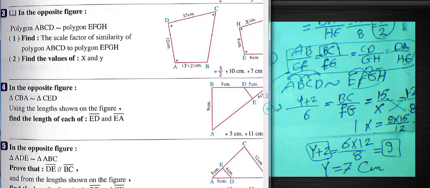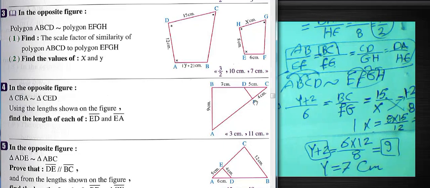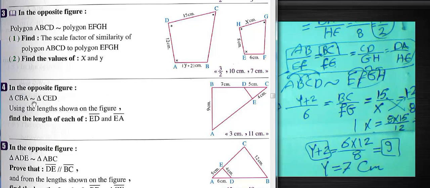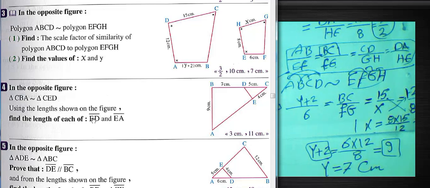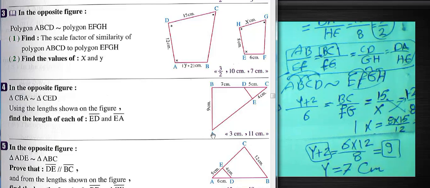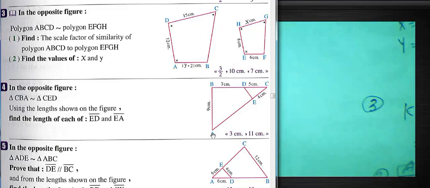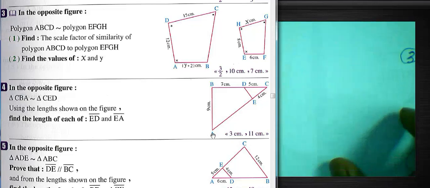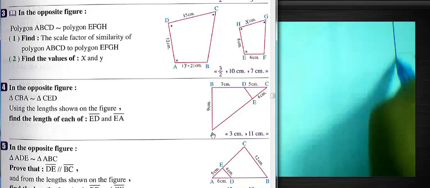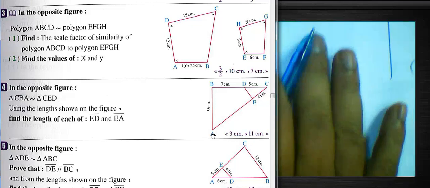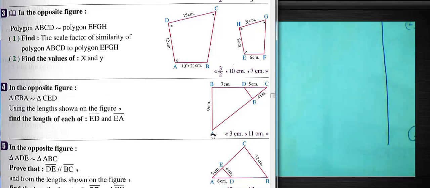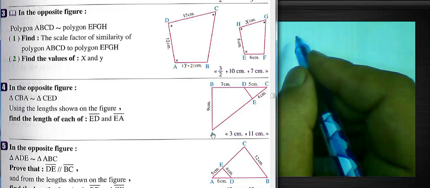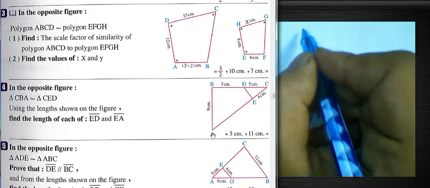We have triangle CBA similar to triangle CED. Using the lengths shown on the figure, find the length of ED and EA. Okay, we can find the length by writing the ratio. Look here with me. Question number 4.